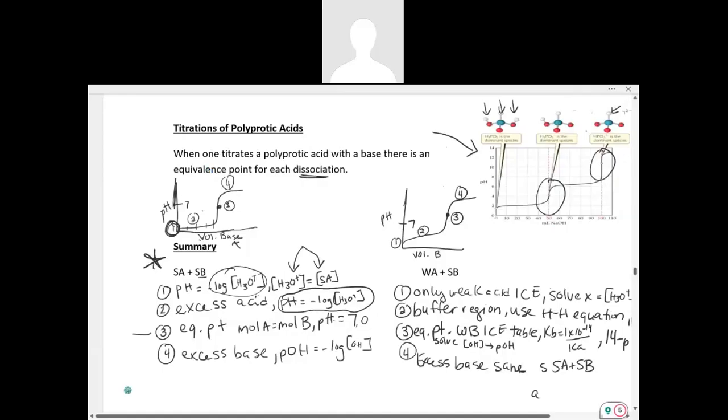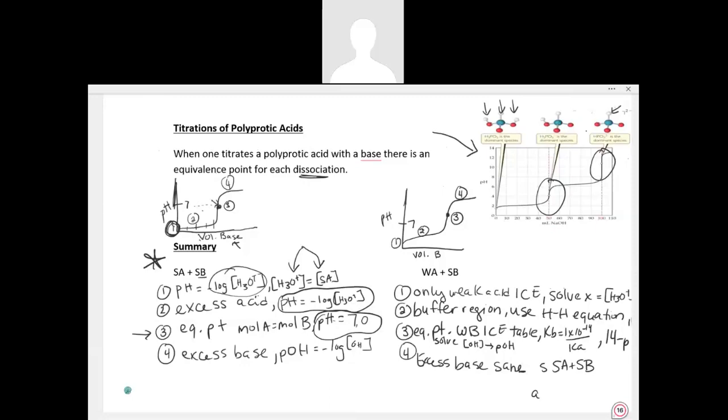When we get to our equivalence point, we cannot do a calculation here. When moles of acid equal moles of base, our table will zero out. So with a strong acid and strong base, our pH will always be 7.0 at the equivalence point. This dot here is our equivalence point at exactly 7.